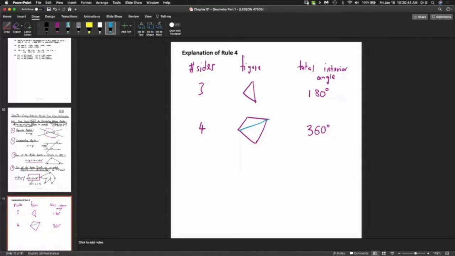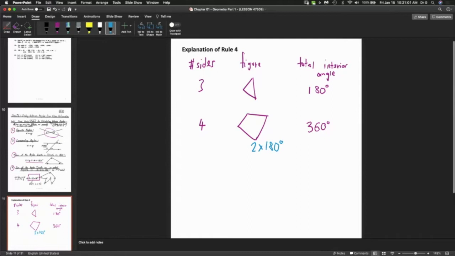And since it's 2 triangles, it's 2 times 180. My stylus is really slow here. I'm actually typing things more than I am writing with this thing, but bear with me anyway. So that's 2 times 180. That's right. Thank you, Ram.